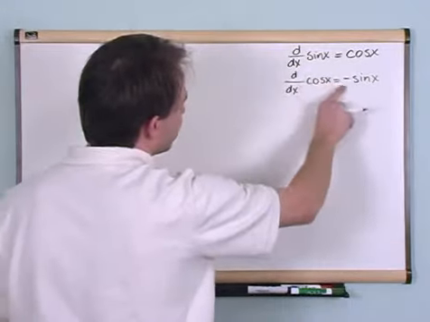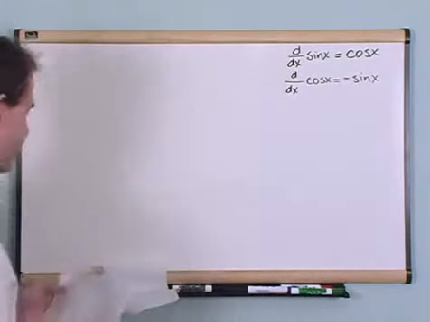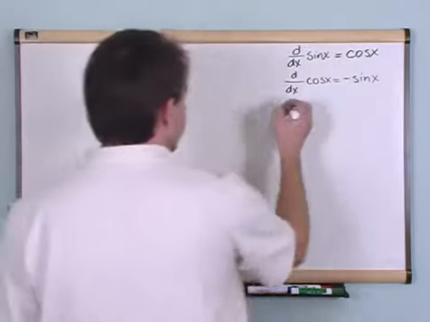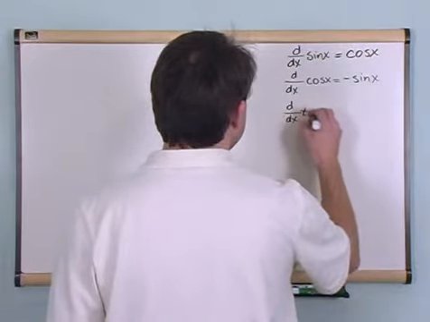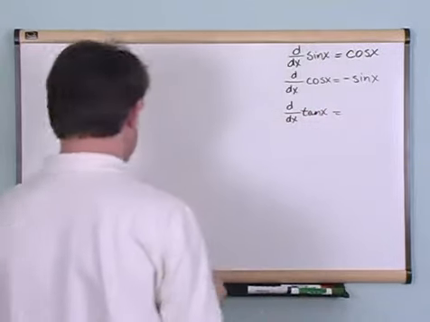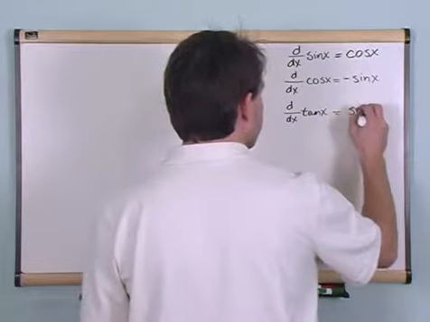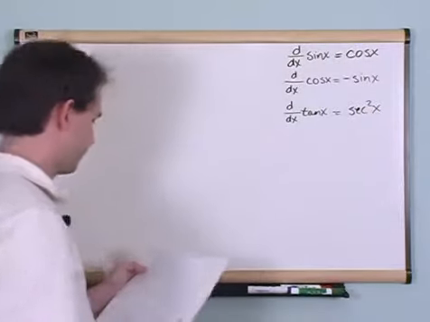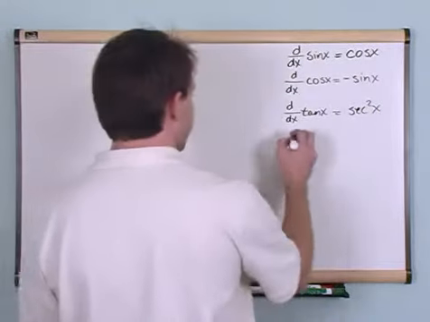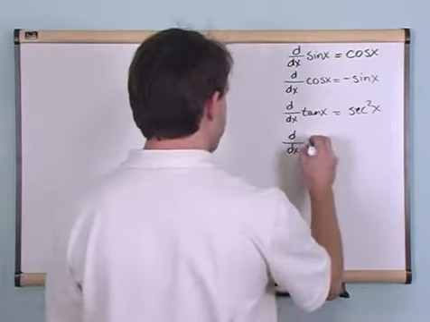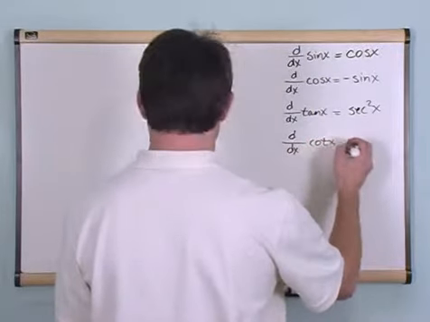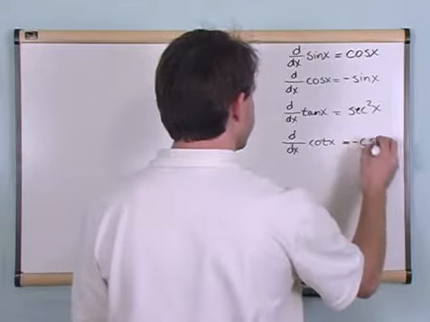So they're opposites of one another. It's just that you have a negative in there you have to remember. The derivative with respect to x of tangent x is just equal to secant squared. Okay? And the derivative with respect to x of cotangent is equal to negative cosecant squared.